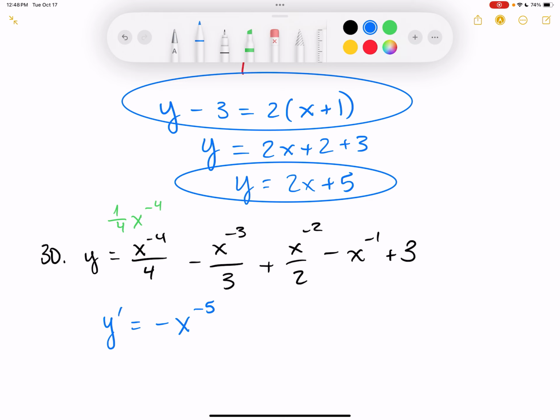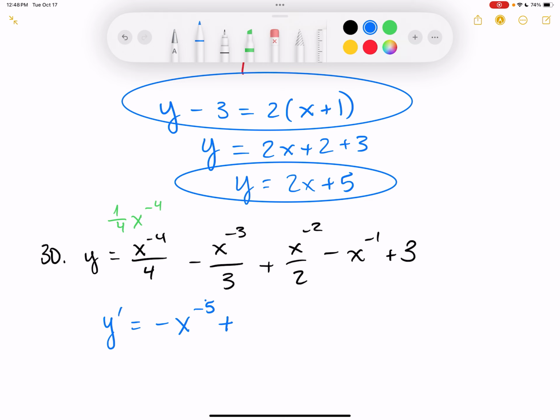All right, and then this next piece, this negative x to the negative 3 over 3. Well, I'm pulling a negative 3 out front. And it's negative, so this is actually going to be positive.